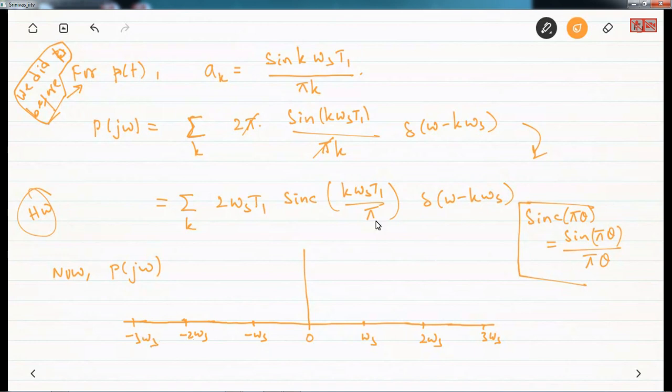But there is a sinc function, so it will have a high amplitude here.